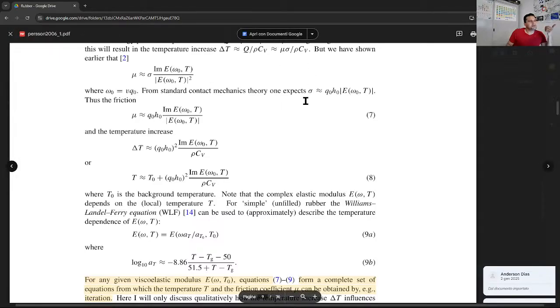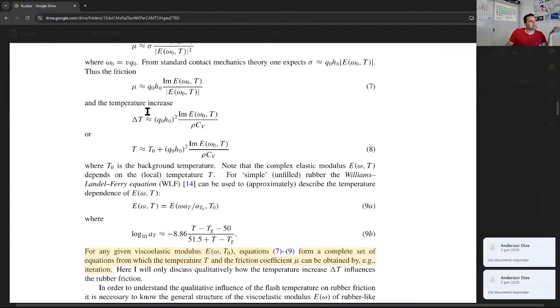And then sigma is also q0 times the amplitude of the surface roughness times the elastic modulus considering frequency and temperature. Thus, friction is this one.